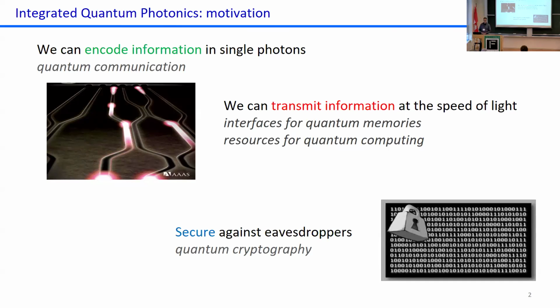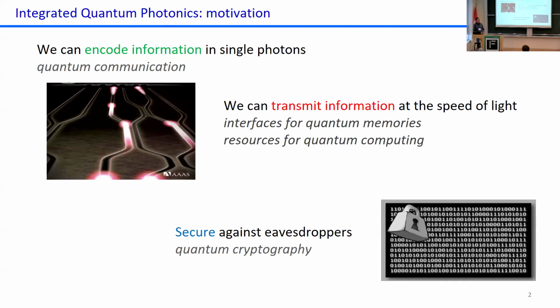I'm sure I don't need to explain it very widely to this audience, but the idea is that if we are able to control single photon emission and propagation, we can encode information in the single photons. So this is a resource for quantum communication, where we can have information that travels at the speed of light.